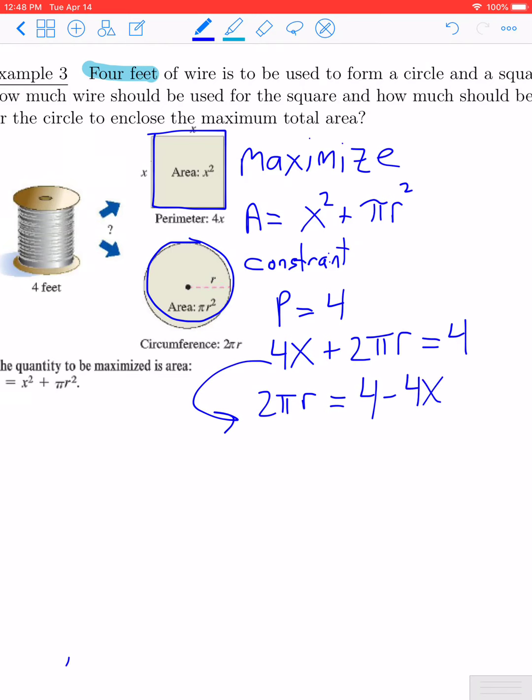And then from there, we can divide by 2 pi. And we see that r is going to be equal to (2 minus 2x) all over pi. And this will give us an expression that we can go ahead and stick into our area function.